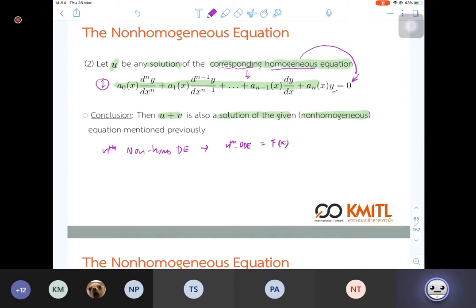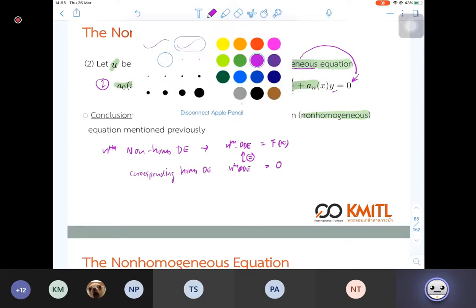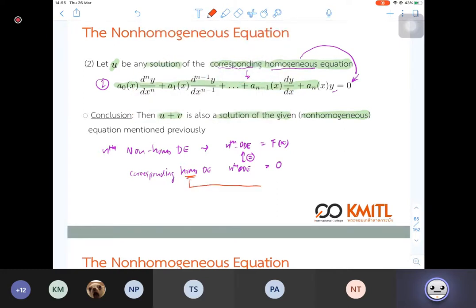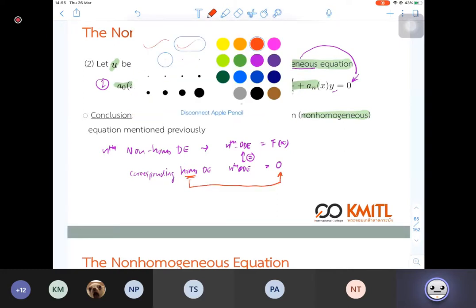And the corresponding homogeneous differential equation would be the nth order ODE, the same. But the second one would be equal to 0 because this one is homogeneous, right?